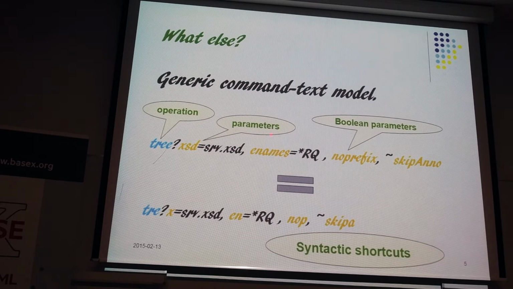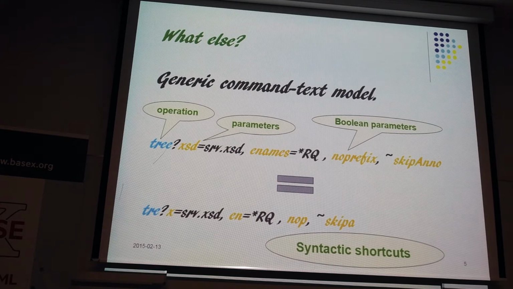So every topic tool expects your input to be aligned with this syntax: the name of an operation, question mark, and then a comma-separated list of parameters. And Boolean parameters allow a shortcut. You do not have to say name equals true or false, but just the name for true or the name preceded by the tilde for false.